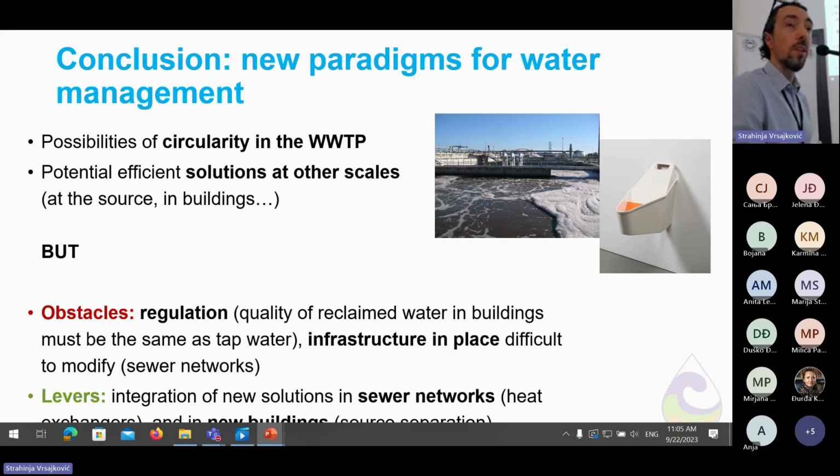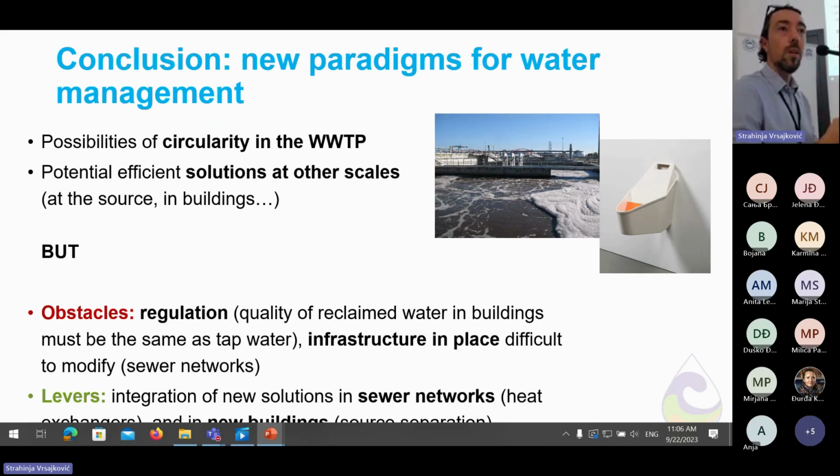But the problem is that there are several obstacles in France. The first one is regulation, because as Régis said, the quality of the reclaimed water must be almost the same or the same as tap water to be used in buildings. So it's a major obstacle. And the second obstacle is that we already have a lot of infrastructure.